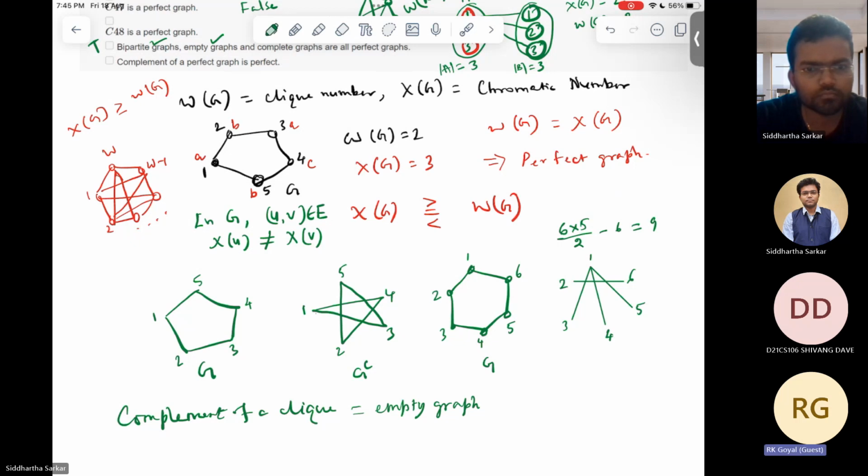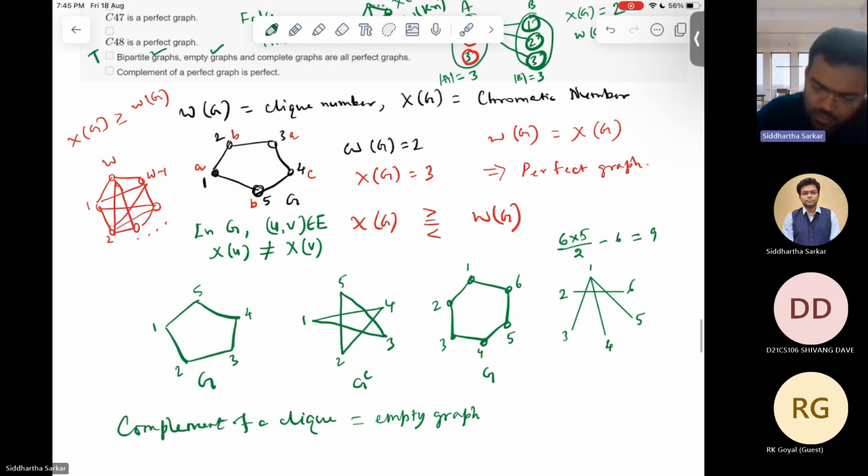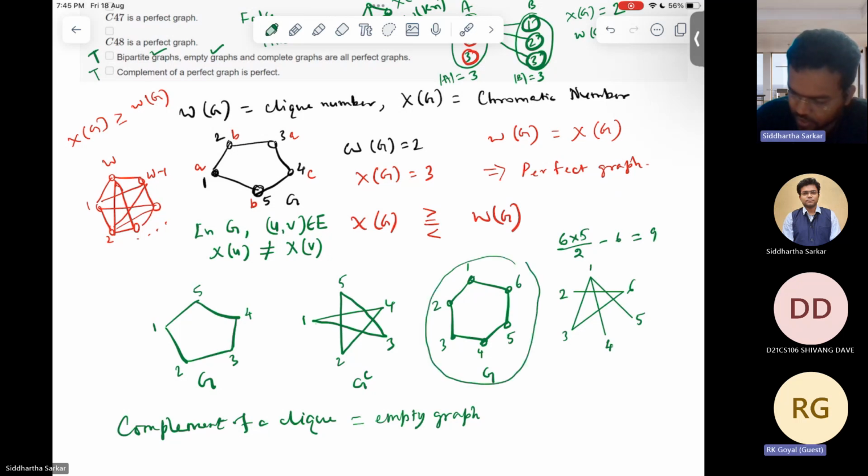So what is the correct answer for this option? Whether the complement of a perfect graph is a perfect graph or not? The answer is true, but there is no simple way to see this. For example, this hexagon, this six cycle, is a perfect graph, and if you draw all the nine diagonals, it sort of looks like a star.